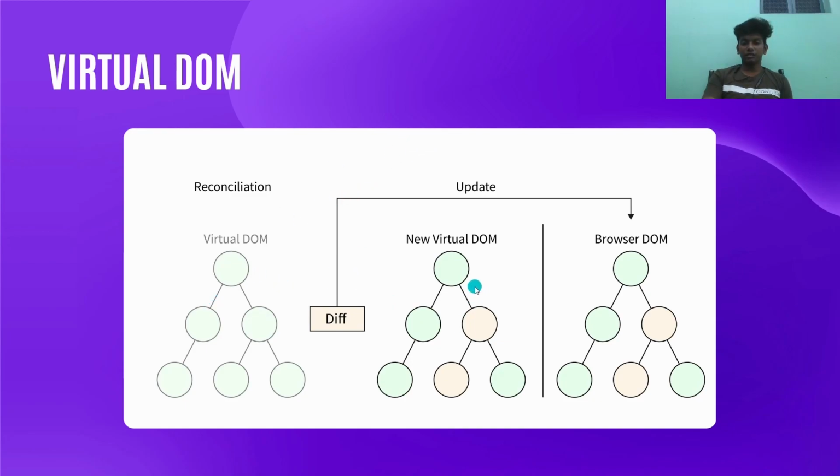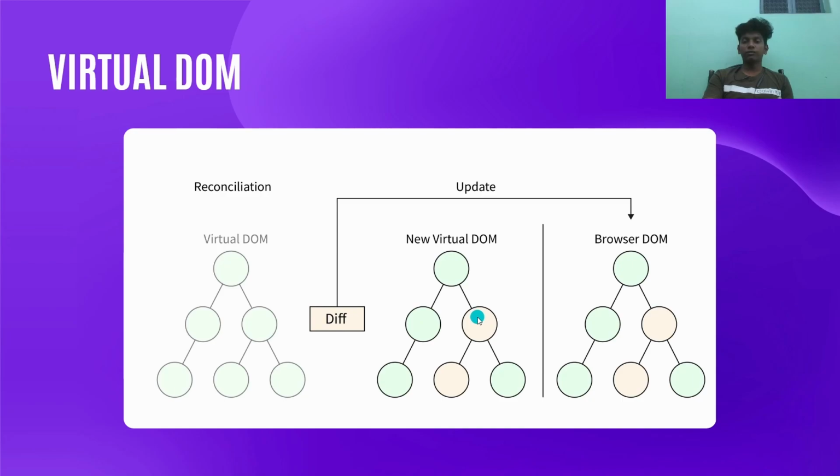Initially, the starting virtual DOM and the browser DOM are the same, but whenever a change happens, it changes from this to the new virtual DOM where the changes are done. But instead of writing everything to the browser DOM, these nodes are the same, and these nodes are the same, and the changes only happen between these two nodes.